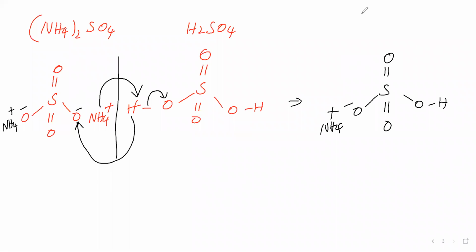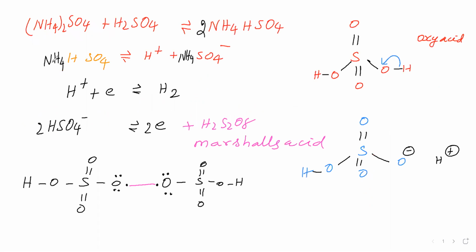Here, on ionization, this bond shifts. Therefore we get O double bond S double bond O, here O minus NH4 plus, this is O minus, and here H plus. So ammonium bisulfate on ionization gives H plus separate and NH4SO4 minus.